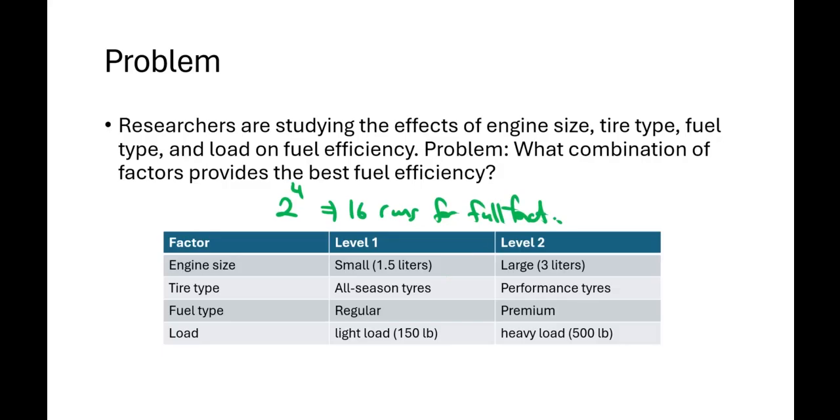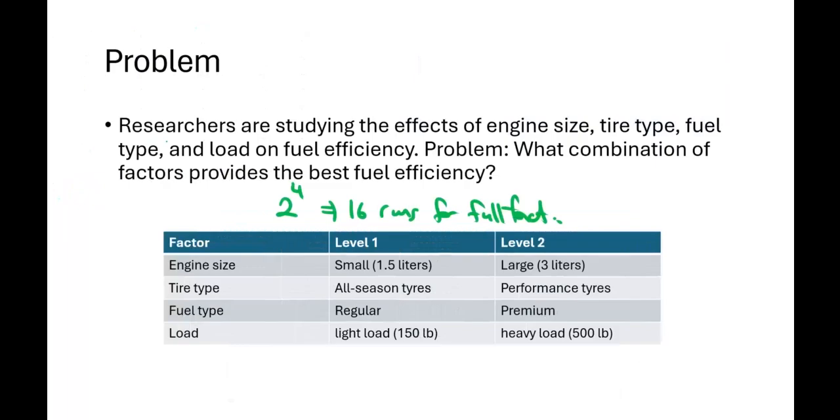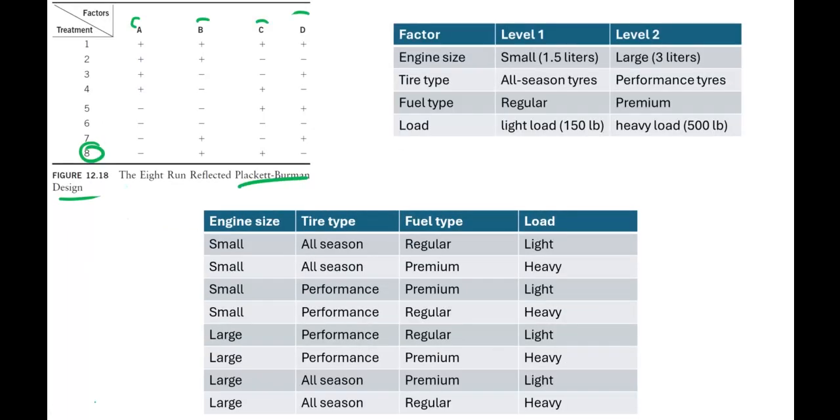So let's see how many runs we need for fractional factorial. We just take a Plackett-Burman analysis for 4 factors, which needs 8 runs. If you compare to here, which needs 16 runs, now you have 8 runs.